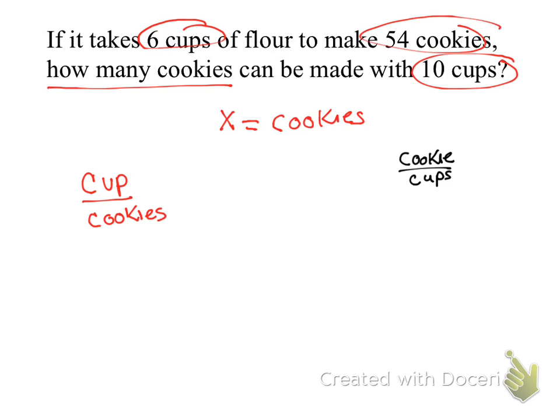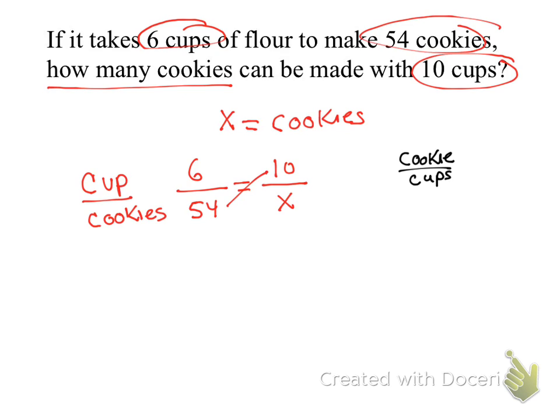And so now we are going to make a proportion, and whatever is in the numerator is always going to represent cups. Whatever's in the denominators are always going to represent cookies. So the first ratio we add, Chloe, would be? It would be the cups. It would be the 6 over 54. And then where do I put the 10? On the top. In the numerator, and what goes in the denominator? Yes. The X.